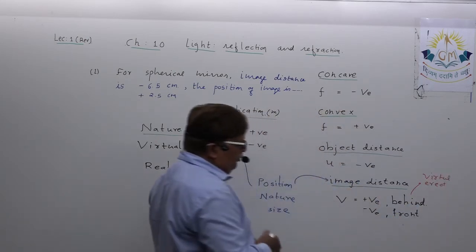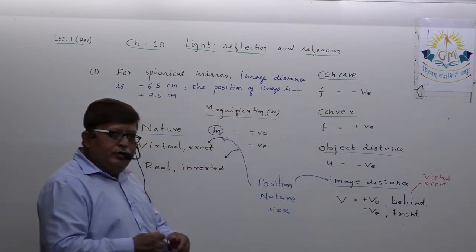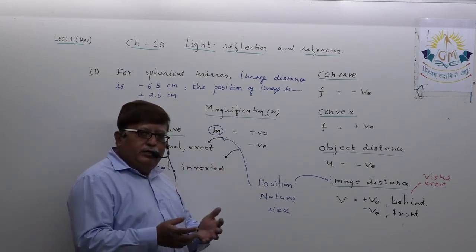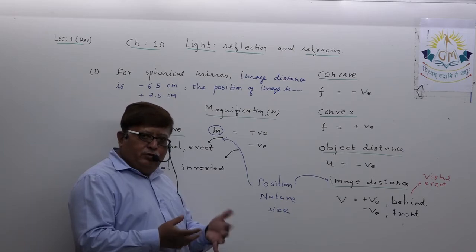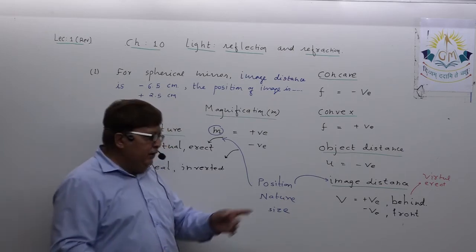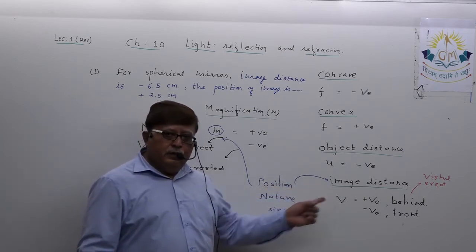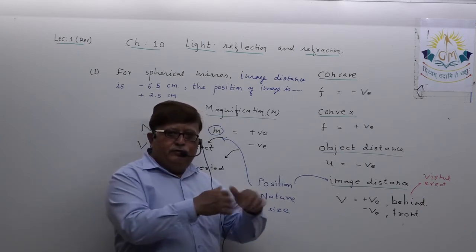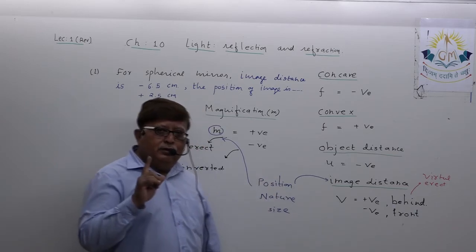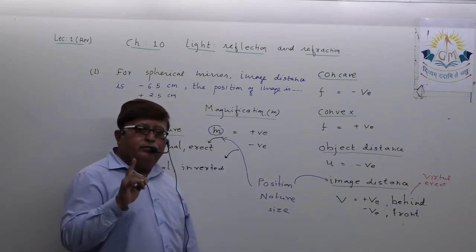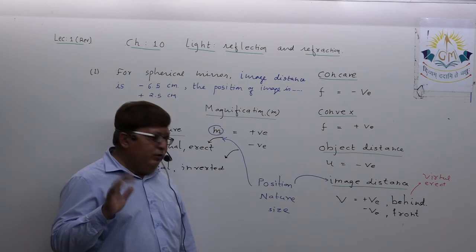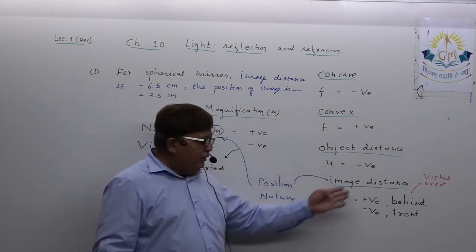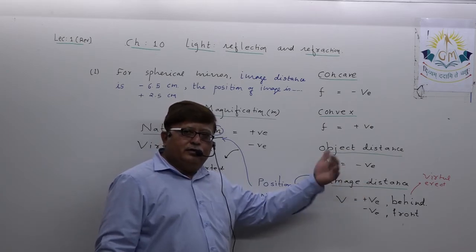From magnification, no doubt, we can guess the nature of the image, but this also gives you an idea: whenever image is formed behind the mirror, it is always virtual. Remember. So if V positive, you can guess the nature: image is virtual erect. Understand?